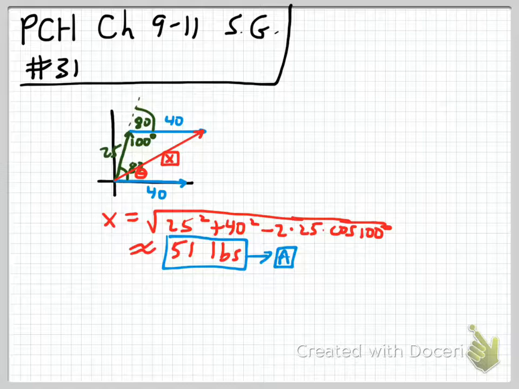Here's what I want to do. We have this triangle here that we're going to put an angle in, let's call it alpha, and we would use the law of sines to find the measure of alpha.